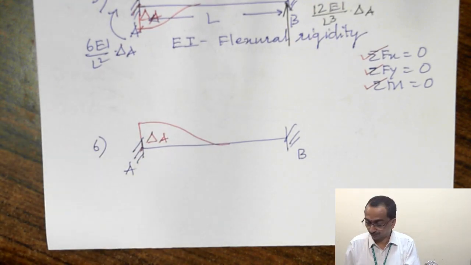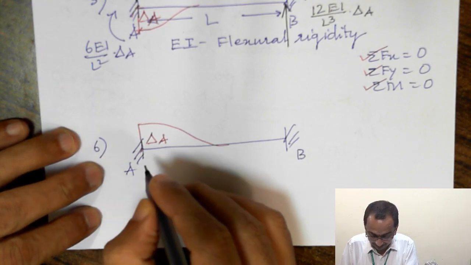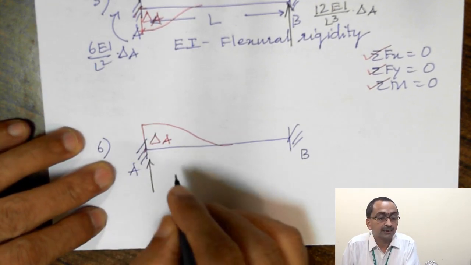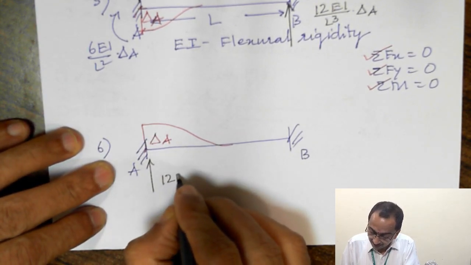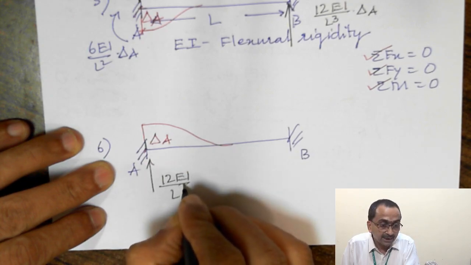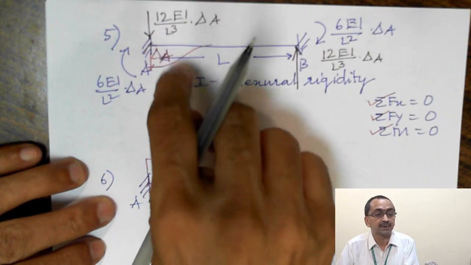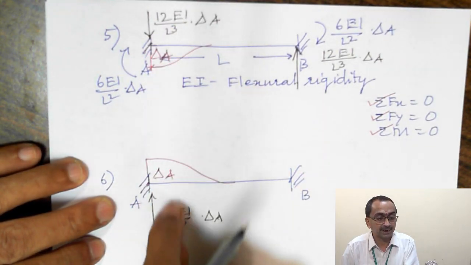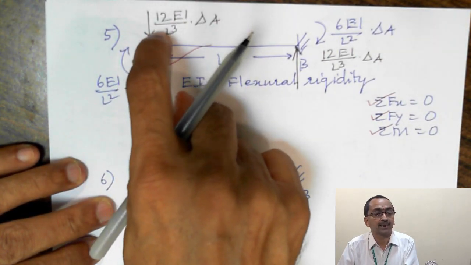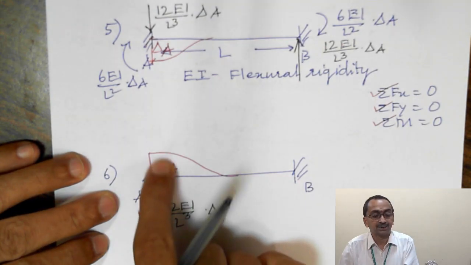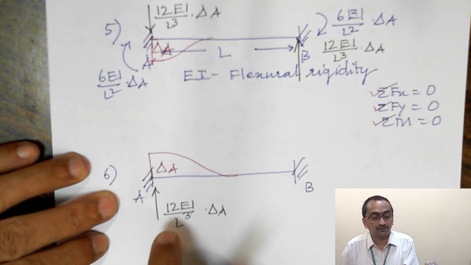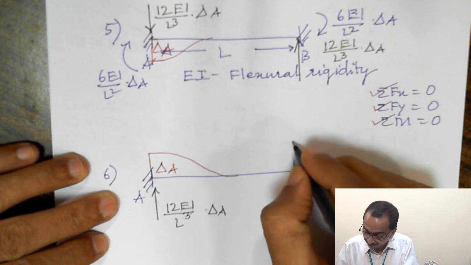So what are the various forces that will be generated by this upward deflection? The first force that will be generated is 12EI/L³ into delta A in upward direction. In the previous case, since the deflection was in downward direction, our force was also acting in downward direction. In this case, since the deflection is in upward direction, our force also must be acting in upward direction.